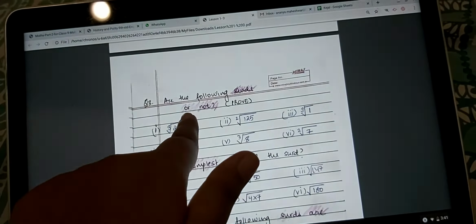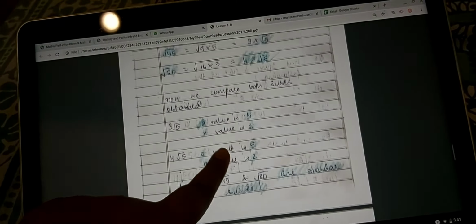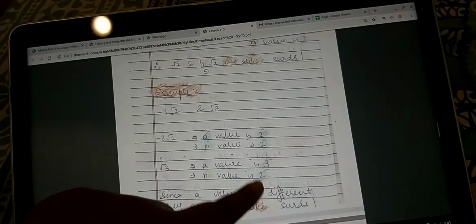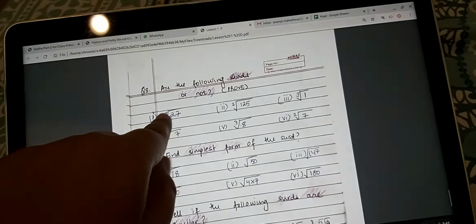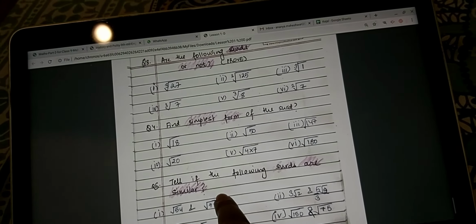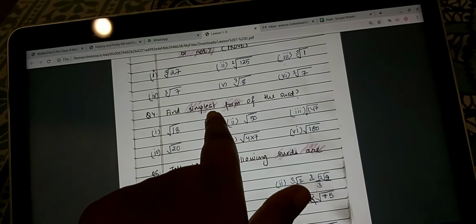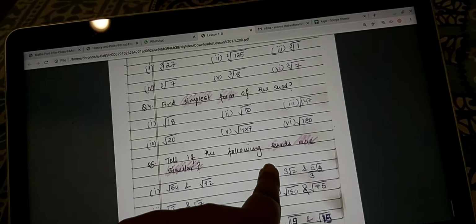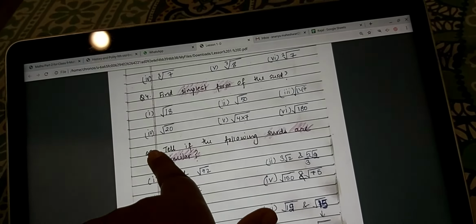Are the following surds or not? So the way we did this, all of this, example 1, 2 and 3, you're going to look at it and you're going to solve this sum. Are these surds or not? And find the simplest form of the surd and tell if the following surds are similar.